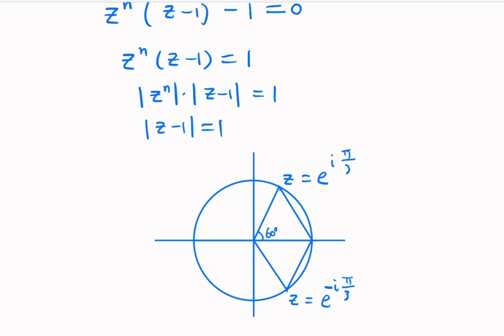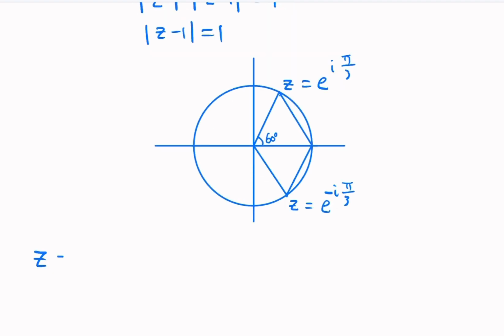So from the condition that the modulus of z and the modulus of z minus 1 both equal 1, we conclude that z has to be one of these two values. z must equal e to the positive or negative i pi over 3. So that is a sixth root of unity. That is, z to the sixth power would equal 1. And z to the third power is actually equal to negative 1.